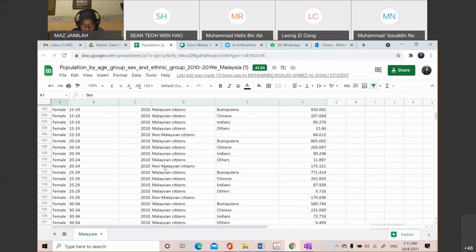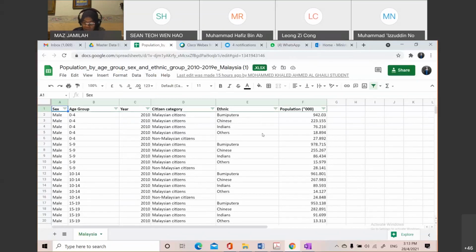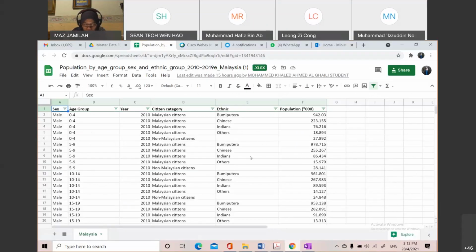Let's say you are talking about 2019 only, and based on your data, what do you want to focus on? Is it ethnicity, citizen category, age, or gender?